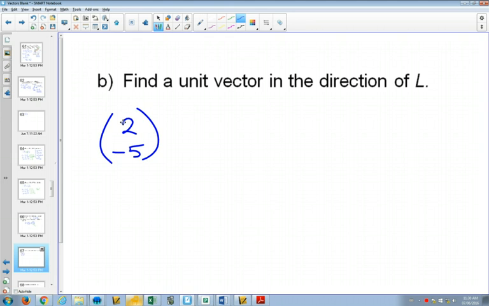How do we find our unit vector? So if this is our vector u, what is our unit vector for that? Well, the unit vector is a length of 1. How long is this vector? What is the length of vector u?